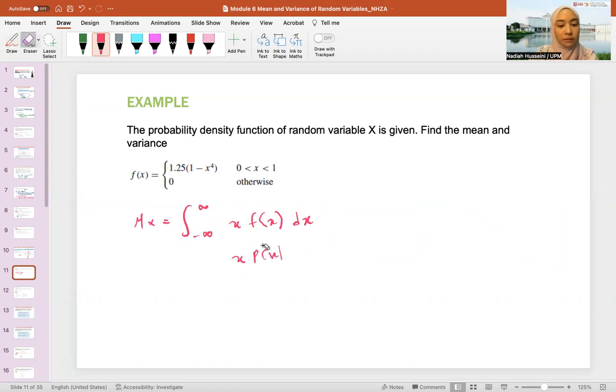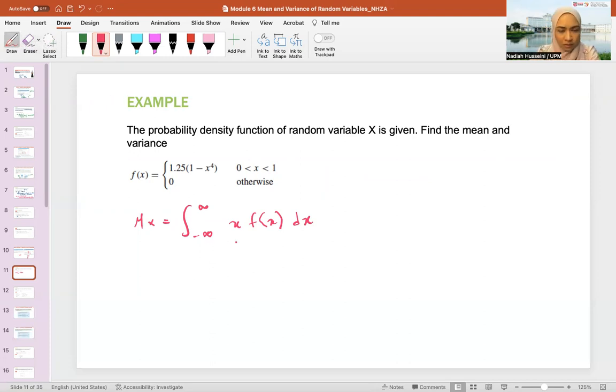But for continuous, it's fx. But it's actually the same. You shouldn't let the letter confuse you because they can change the letter anytime. They can tell you X, JX. What equation is this? So the letter is just there to help you, to guide you. It can be any letter actually.